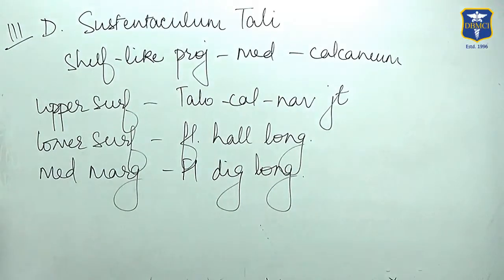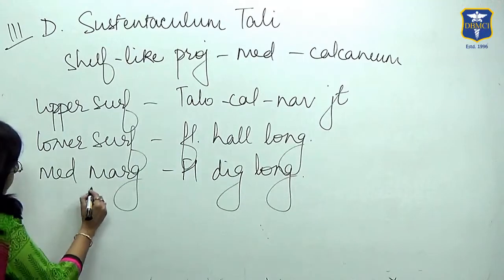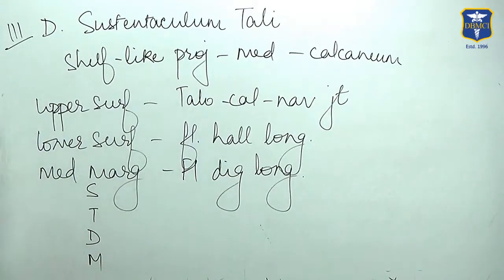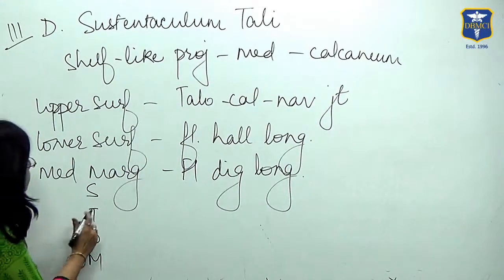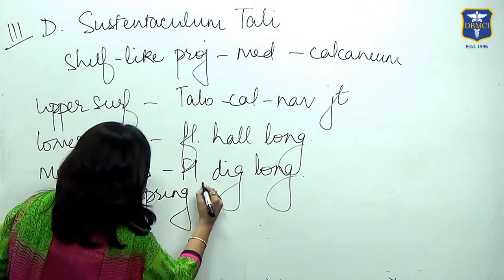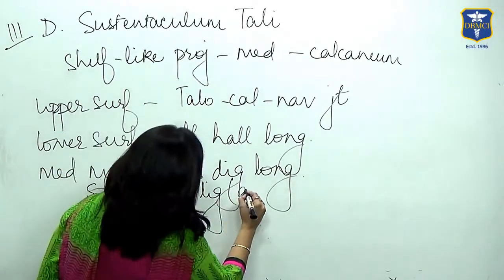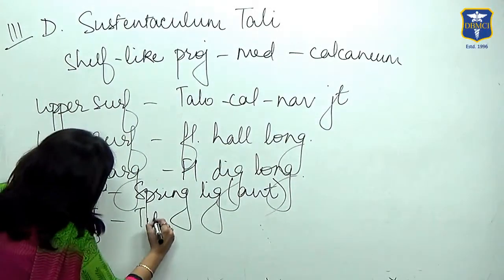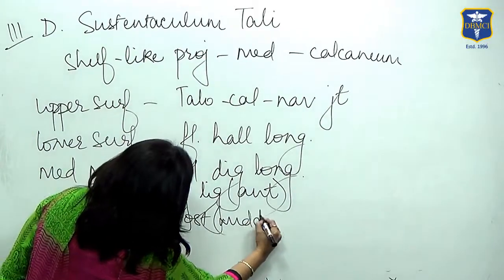The attachments on the medial margin are S, T, D, M. S for spring ligament, which is attached on the medial margin anteriorly. T for tibialis posterior, which is attached in the middle.